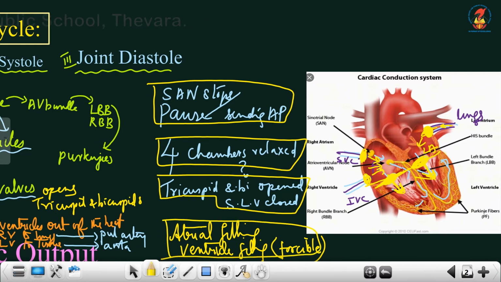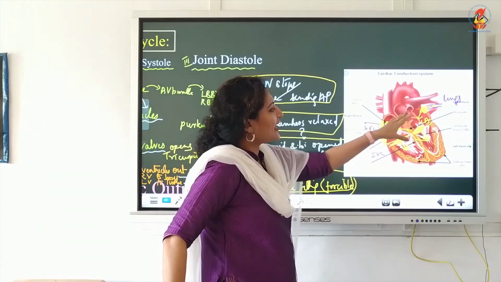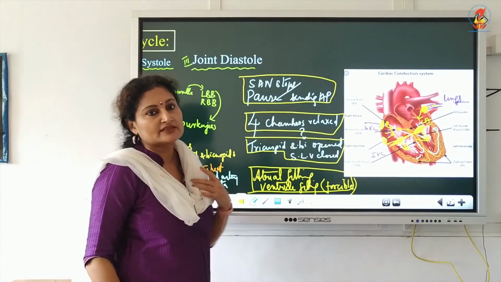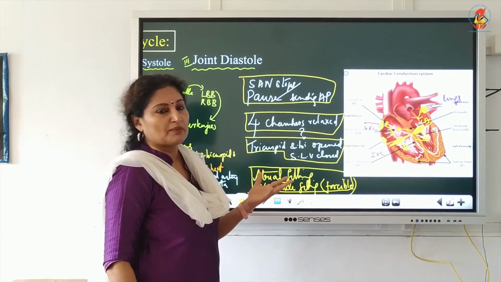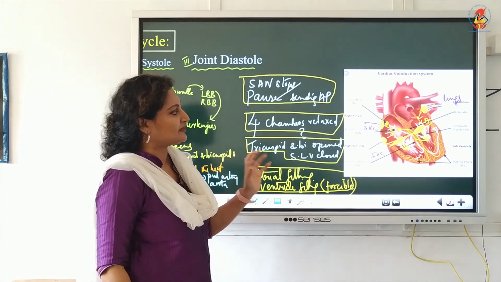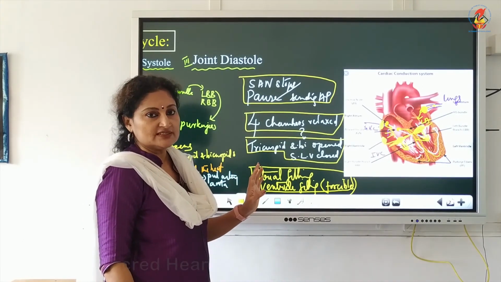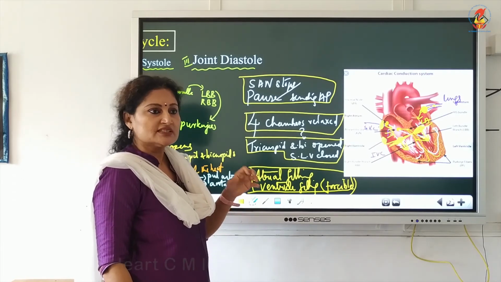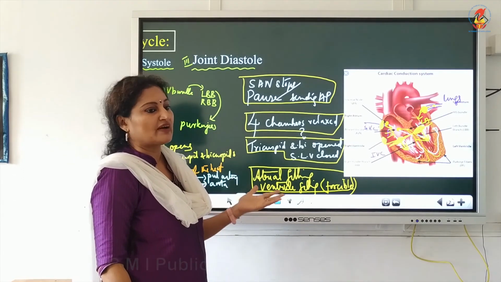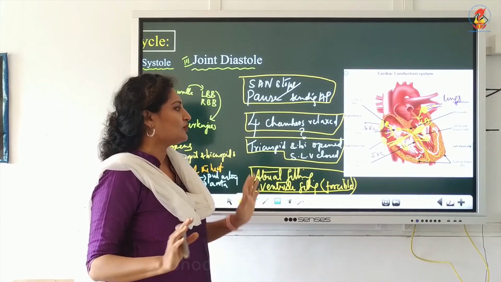All the chambers are filled, but remember atria is being filled properly because the vein openings have widened because it is not shrunk. So, the right atrium is filled by the superior vena cava and inferior vena cava, and the left atrium is being filled by the pulmonary vein coming from the lungs. Proper filling is taking place in the atria, but filling is also taking place in the ventricles, though not forcible, just trickling of the blood into the ventricles because the tricuspid and bicuspid valves are open.